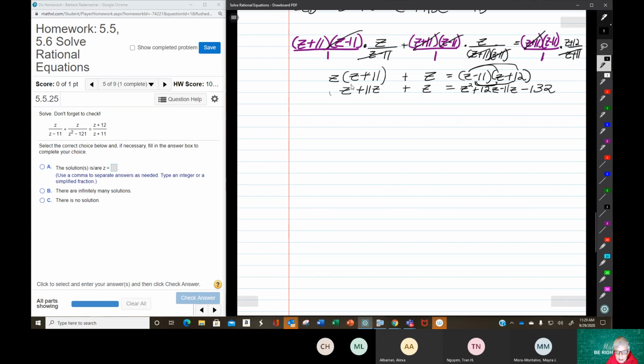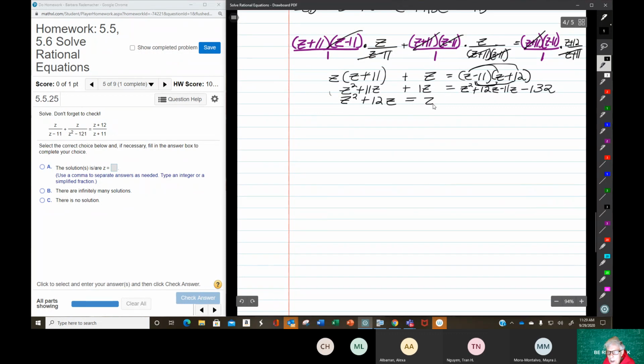And so this is a squared. We'll have Z squared plus 11Z plus 1Z is plus 12Z equals, I'm going to move things over so I have more room.